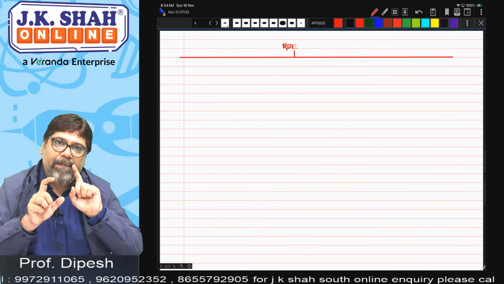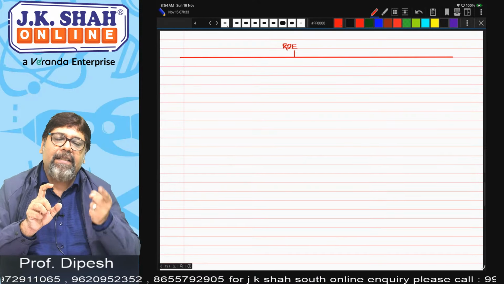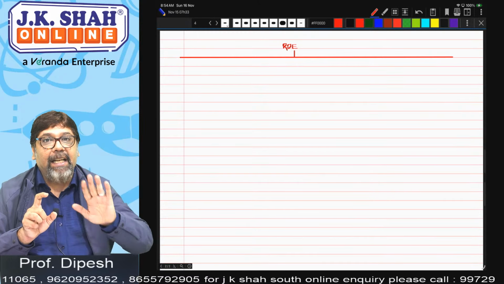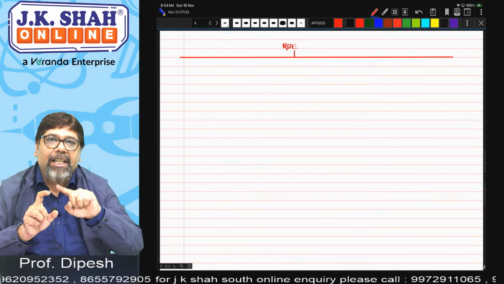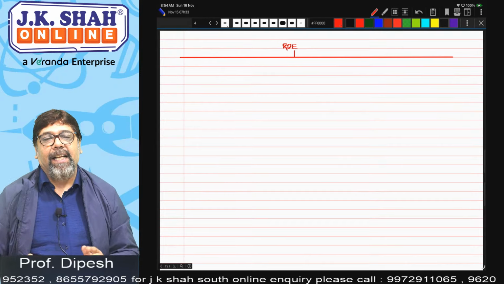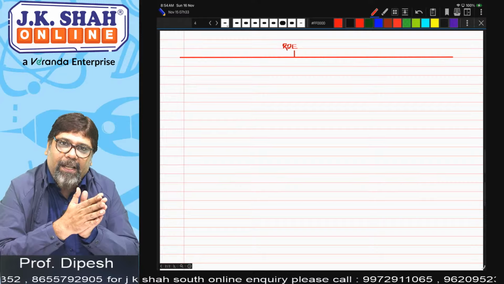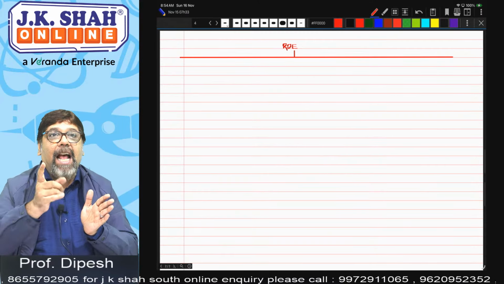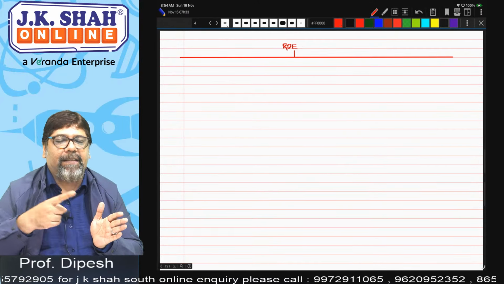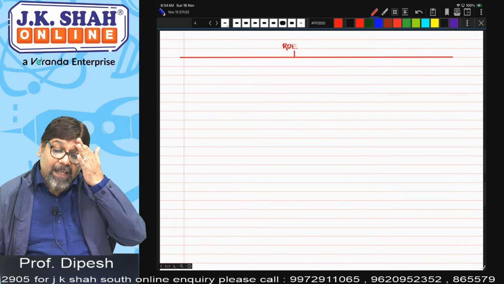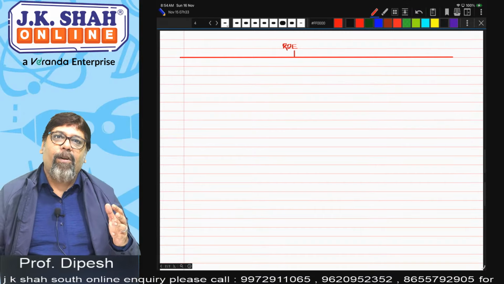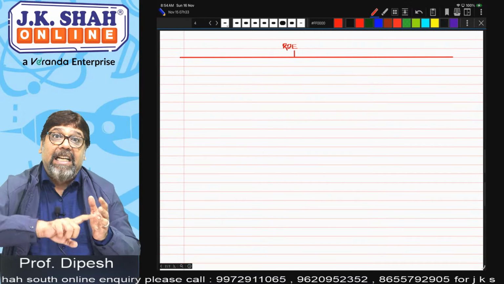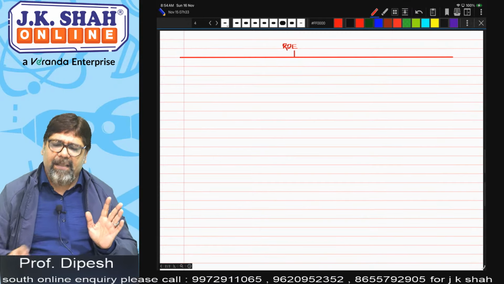Rectification means you are supposed to pass a journal entry in such a way that it nullifies the error and reposts the correct. That means whatever wrong was done gets nullified, and the correct which was not done can be done. Can I say rectification is nothing but combination of reverse of wrong plus correct?